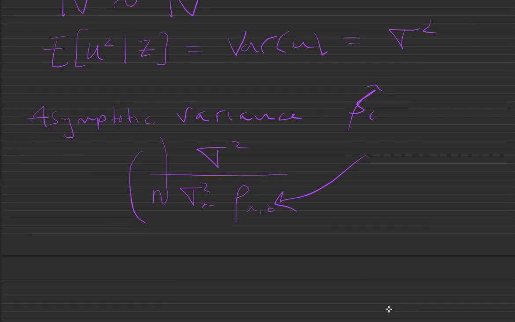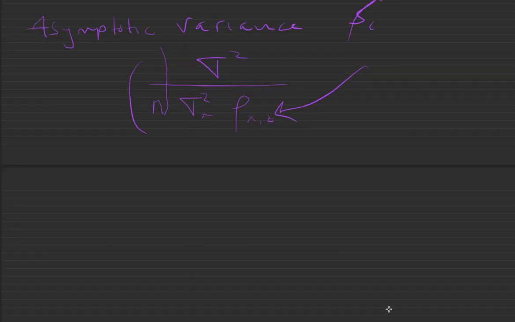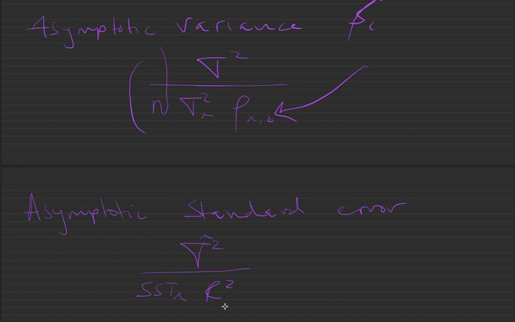Also observe that this is our asymptotic variance, which is in terms of population moments. We want the sample analog, the asymptotic standard error. So the asymptotic standard error is given by sigma squared hat all over the total sum of squares in x times r squared xz, where this is the coefficient of determination in a regression of x on z.